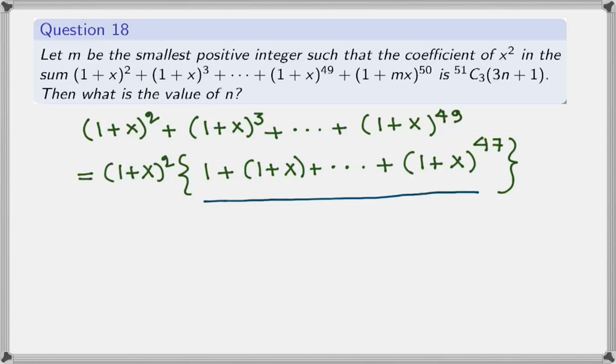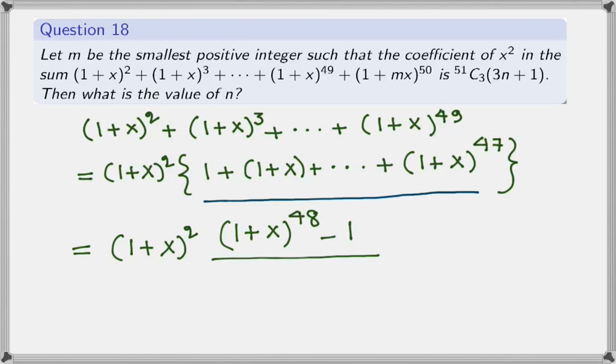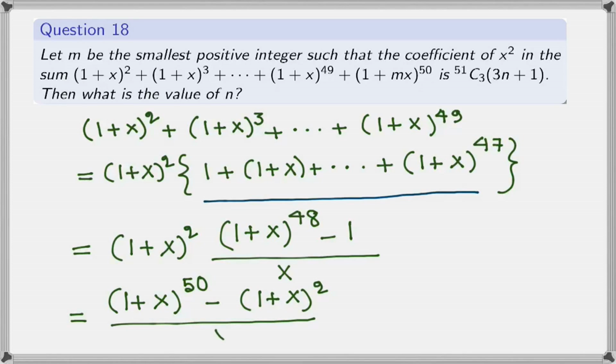Therefore, we can write the whole thing as (1 plus x) square into ((1 plus x) to the power 48 minus 1) divided by (1 plus x minus 1), that is equal to x. So, this is equal to ((1 plus x) to the power 50 minus (1 plus x) square) divided by x.